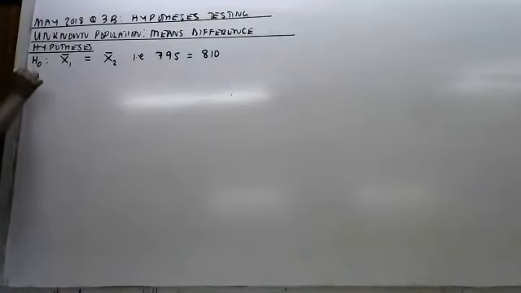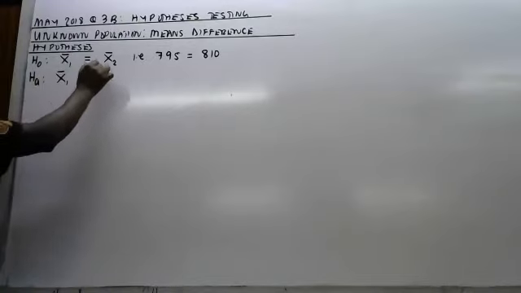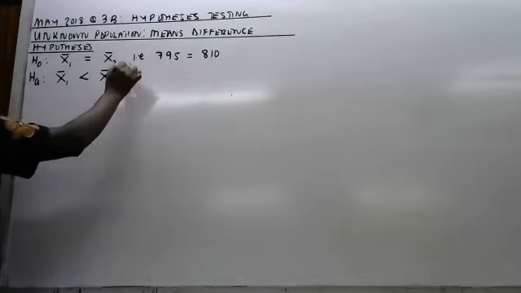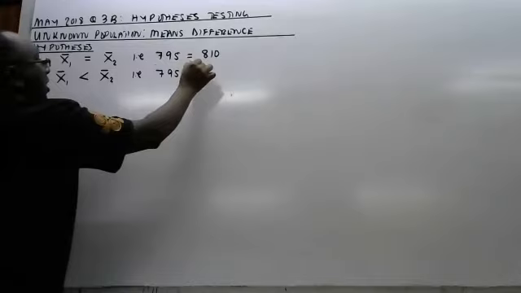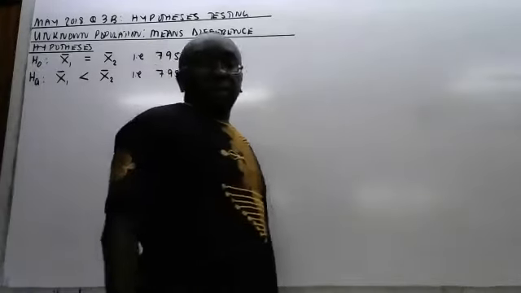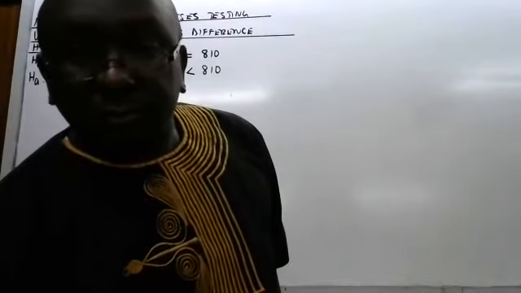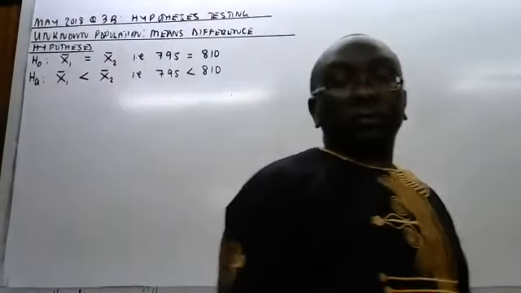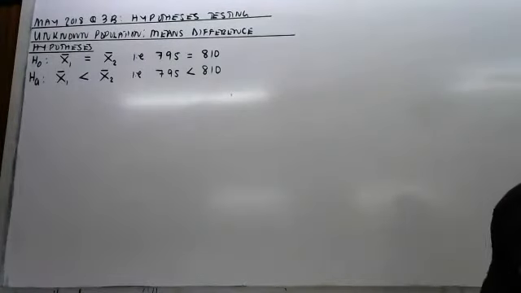So in the alternative hypothesis, we'll be saying x bar 1 is less than x bar 2. That is, 795 is less than 810.